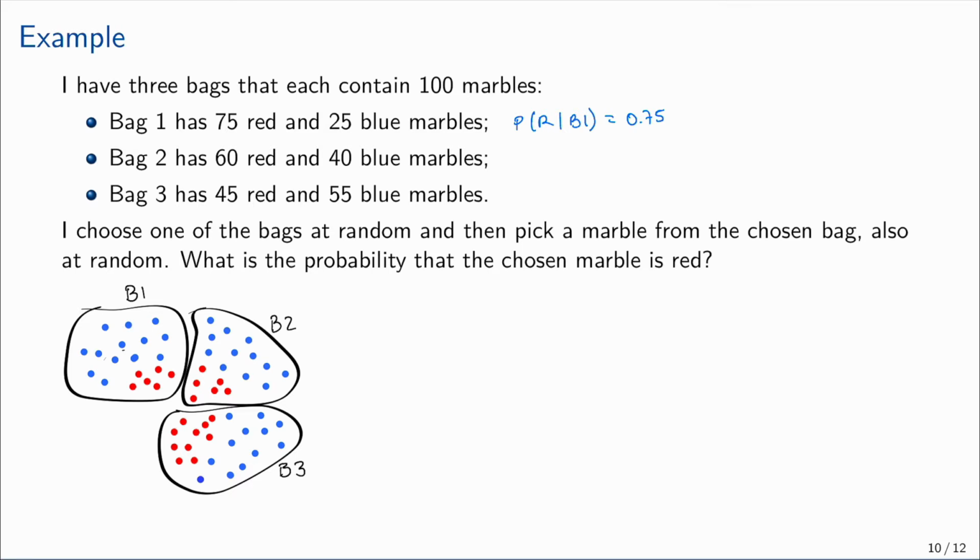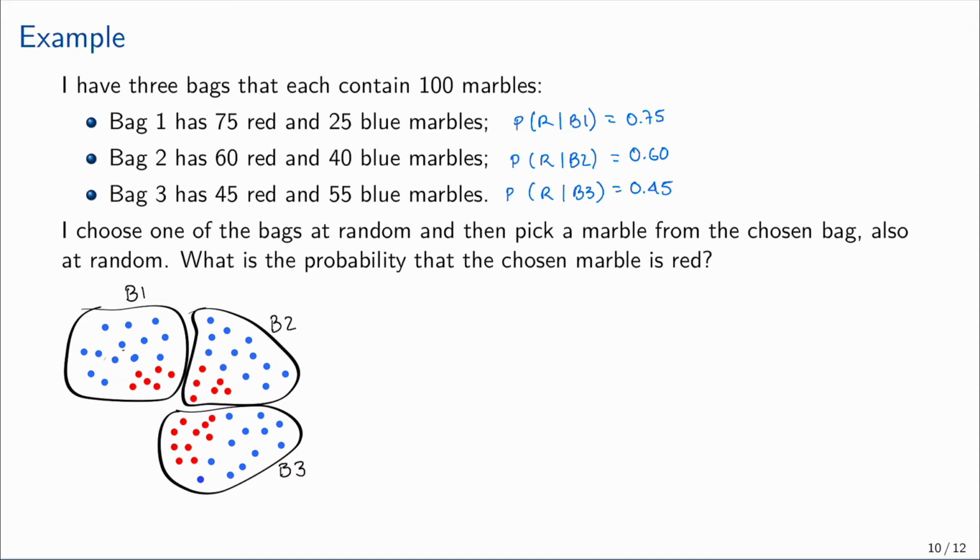In the same way, in the second bag we have 60 red and 40 blue, so the probability of having a red, given that we select bag 2, is equal to 0.60. And finally, the probability of selecting a red, given that we choose bag number 3, is equal to 0.45.